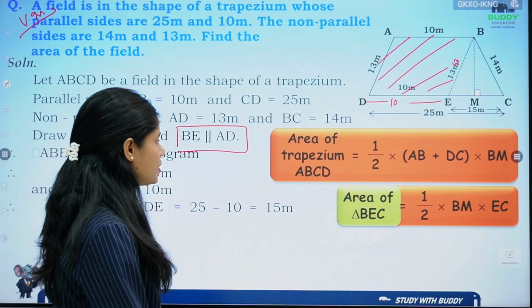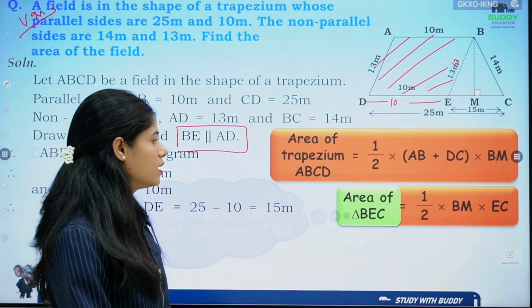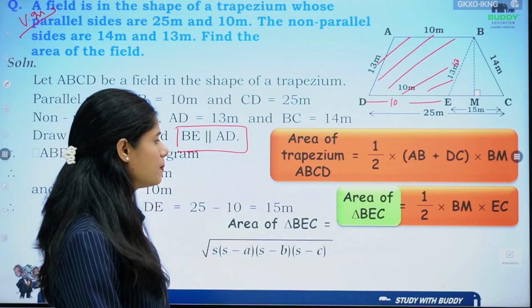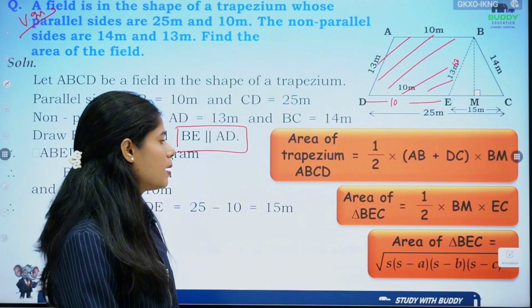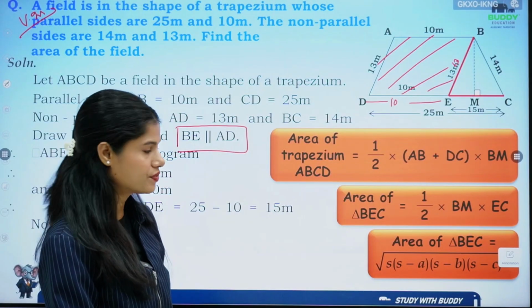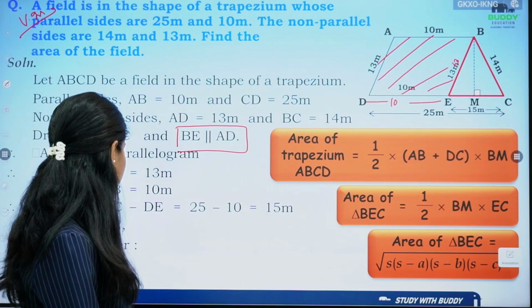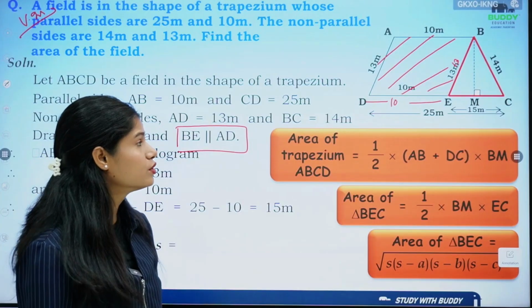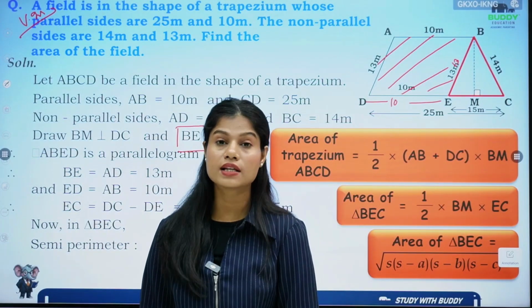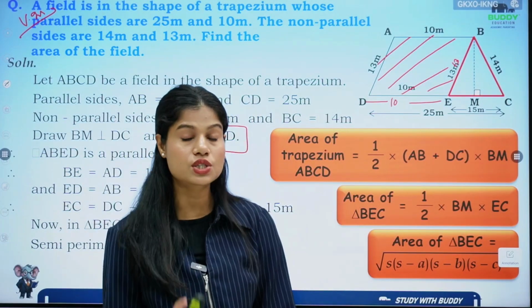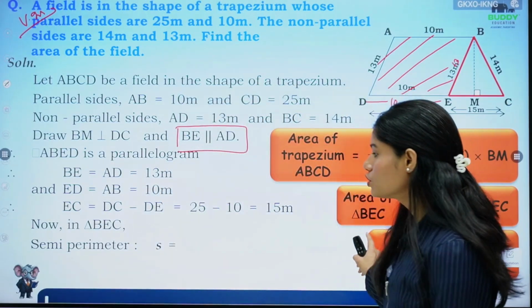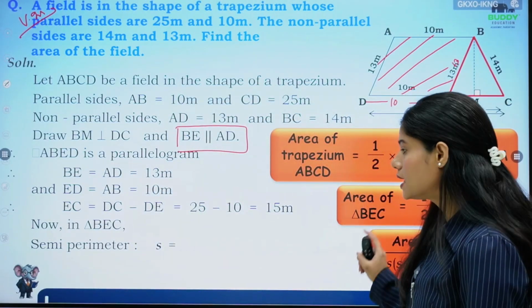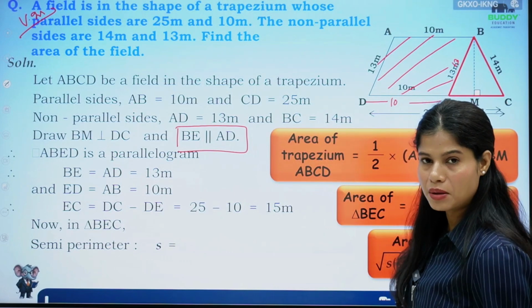Now you can put everything in this formula. BM we don't know, but EC is 15. I told you there is one more way to find the area of triangle BEC, which is Heron's formula. So I am going to use Heron's formula in triangle BEC. First we find the semi-perimeter.